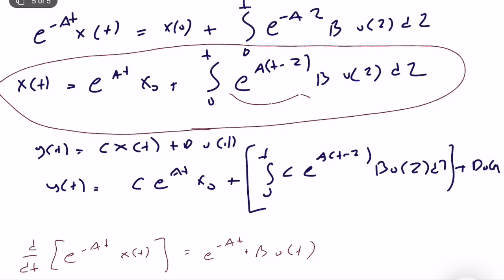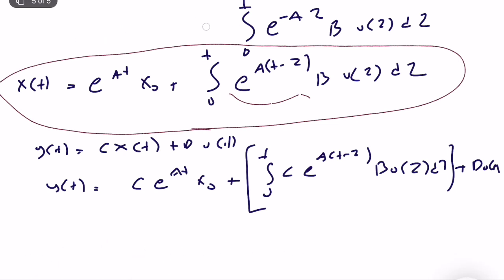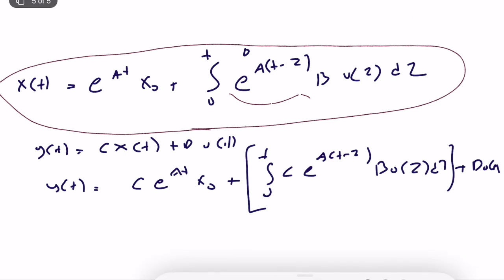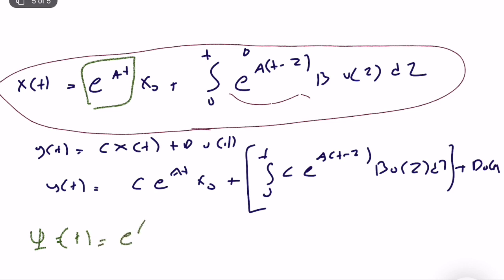What will we do? We will solve an example. Good. Let's clean everything and try to comment on that. The most important part in this expression is e to the power At, and I told you that it will be very critical for the analysis of discrete-time systems, and we call it the state transition matrix. It's a function e to the power At.